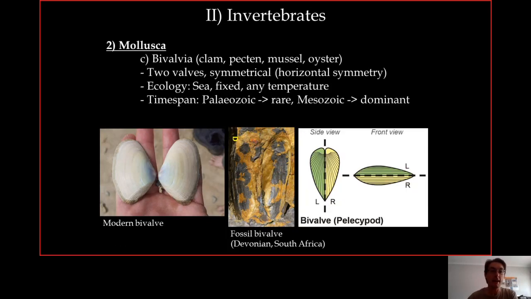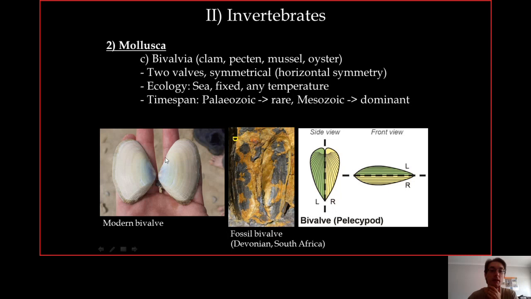We change again and we go to the bivalves. So mollusks, yes. Bivalves, yes. We are no longer looking at the gastropods or at the cephalopods. It's again a different whole family of mollusks. The bivalves, or bivalvia. That's your regular clam, pectens, mussel, oysters, your regular seashells with two valves.